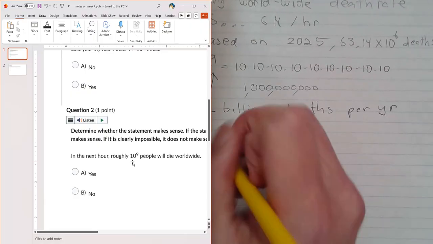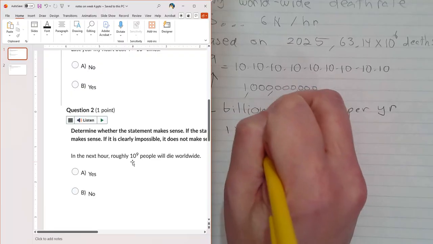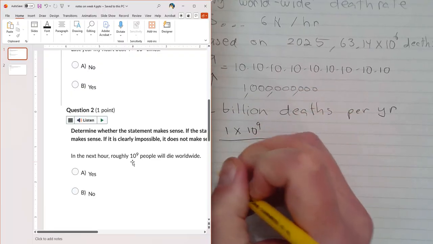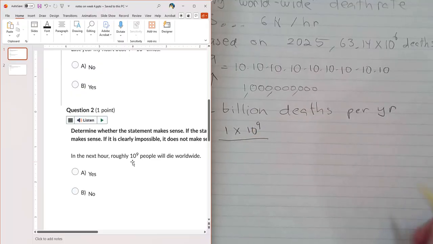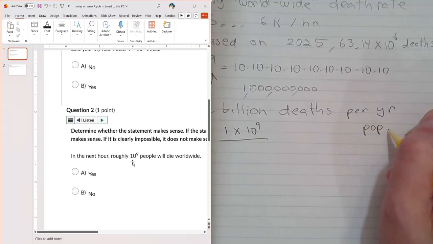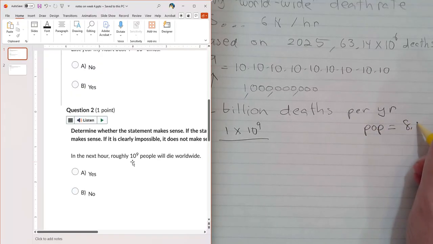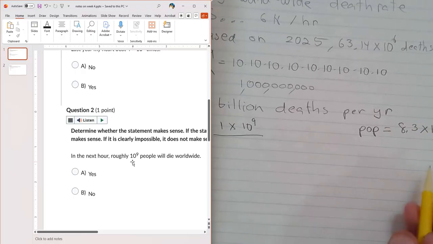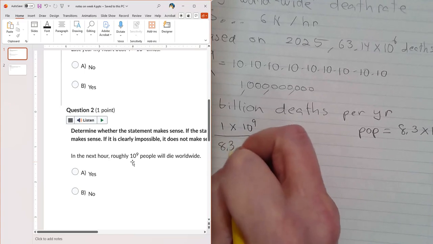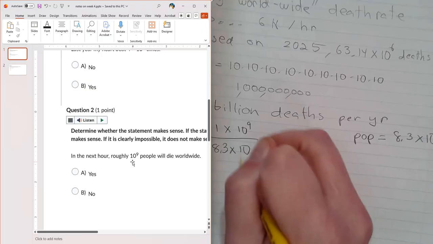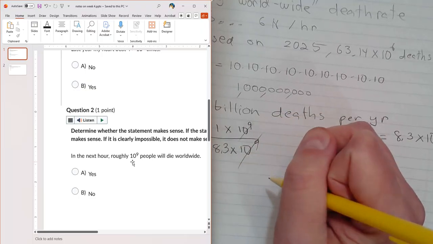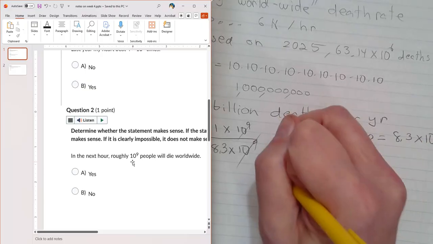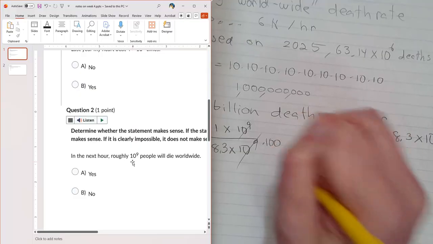And so we have to ask ourselves, is that possible? So if that's 1 billion deaths per year, and then we know the population of the world, and what we're going to use is 8.3 billion. So 1 over 8.3 billion. The 10 to the 9th cancel. And let's turn it into a percent.